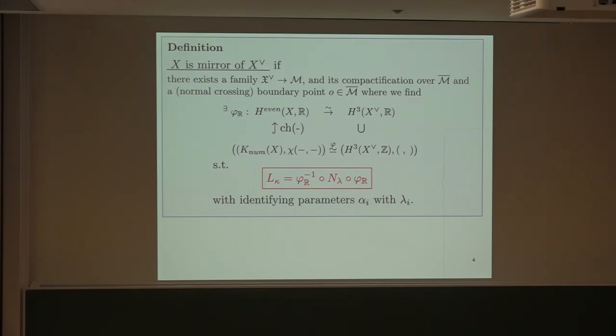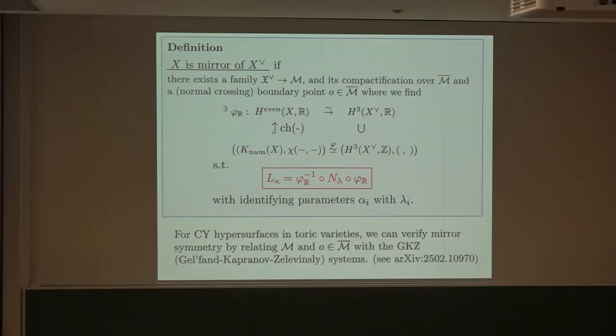Last time I showed that in the case of conic hypersurfaces, alpha i equals minus lambda i, so this identification works. This part seems to depend on this, but it's not so essential, since we can find some suitable identification. So that's the definition of mirror symmetry.